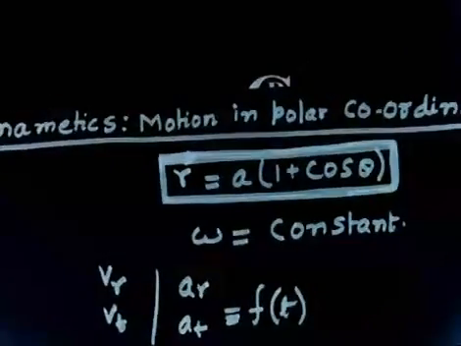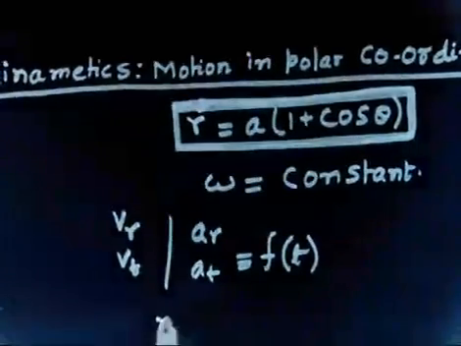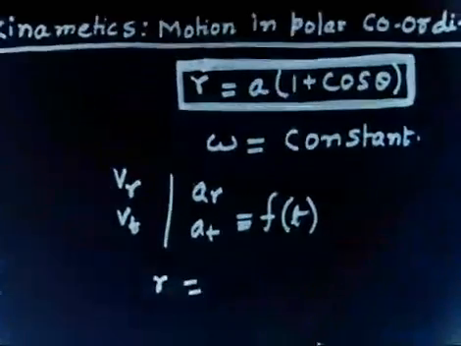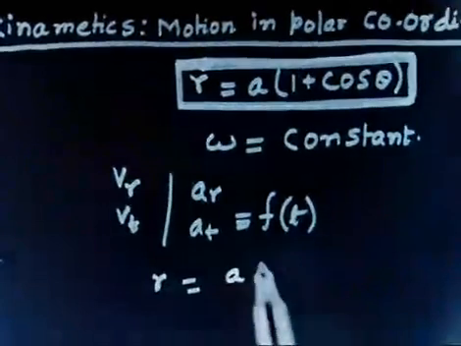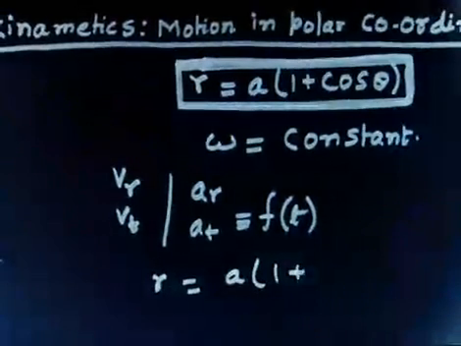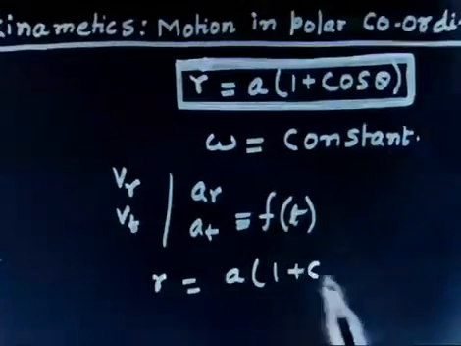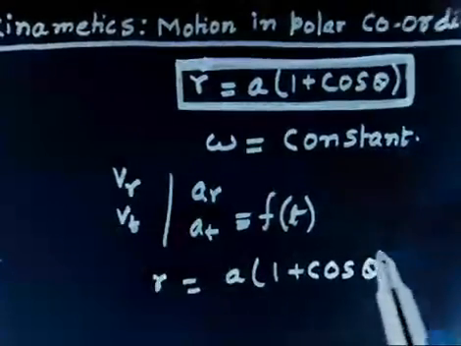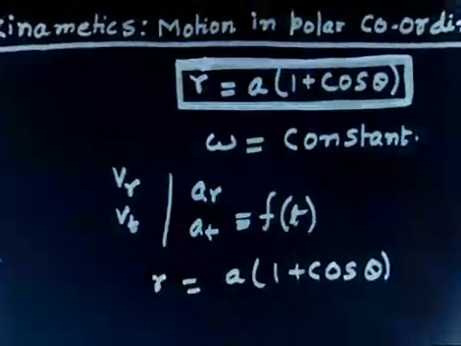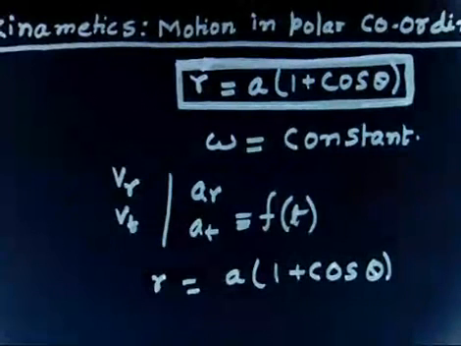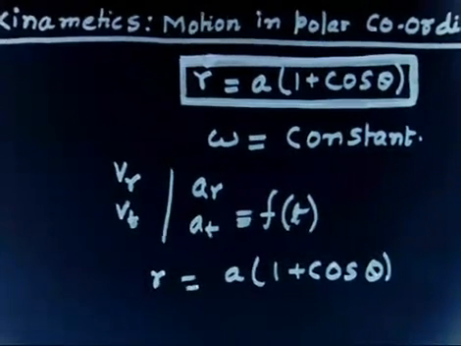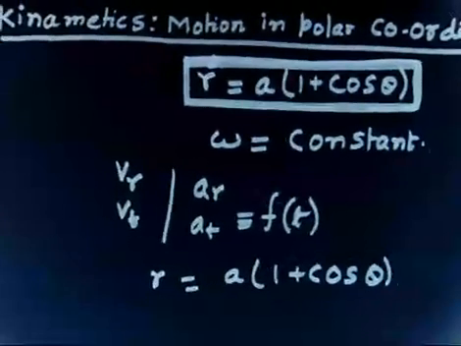So to find velocity, let me write r equals a(1 plus cos theta). This is my radius vector. At any point of time, the radius vector is given by a into (1 plus cos theta).